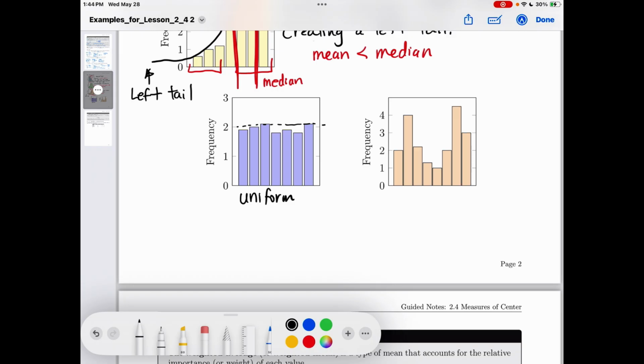Now, when you have a uniform distribution, your mean and median would be the same or close together.